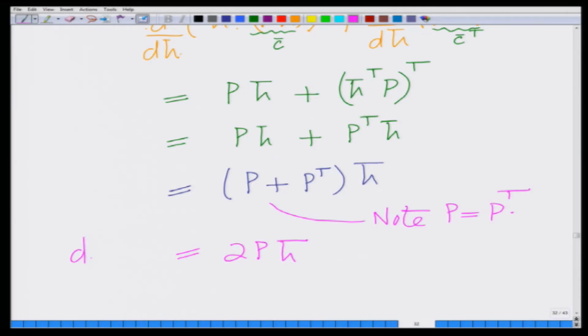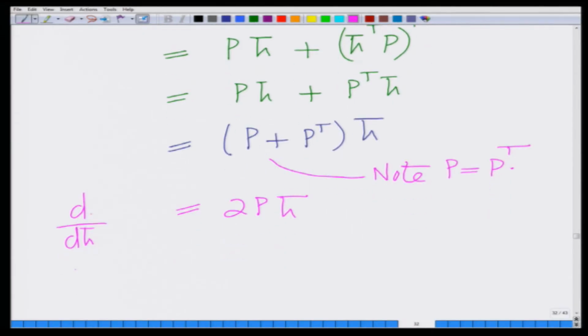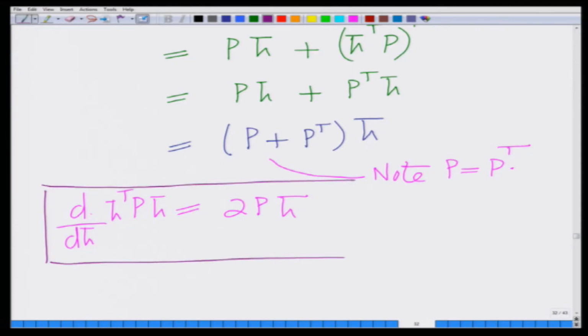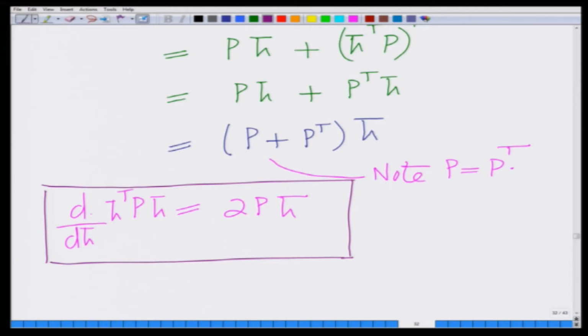So, the derivative of the quadratic form h bar transpose P h bar with respect to h bar is basically 2P times h bar. This is another result that we have derived: the vector derivative of h bar transpose P h bar with respect to h bar is 2P h bar for a symmetric matrix P, that is where matrix P is equal to P transpose.